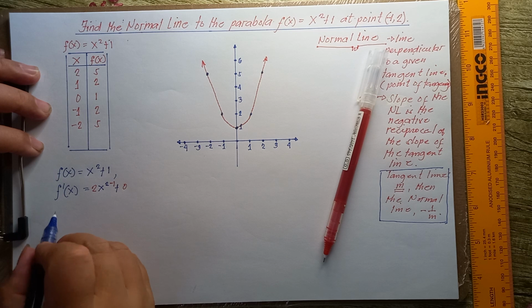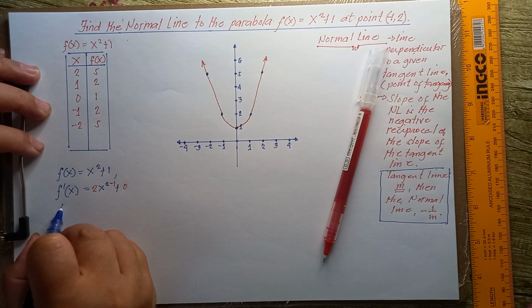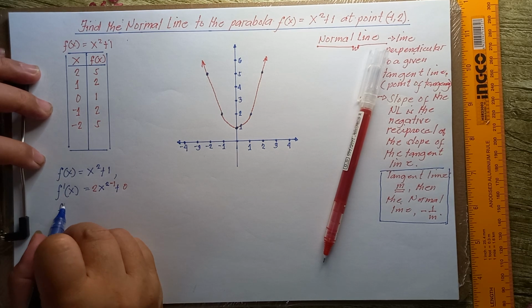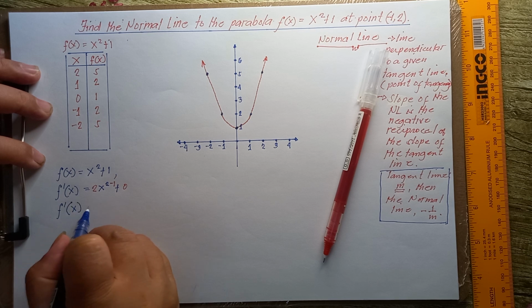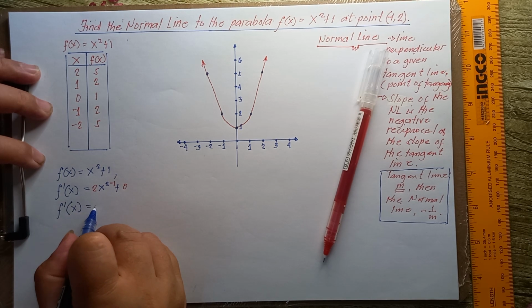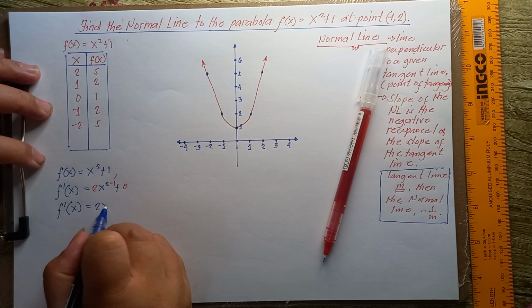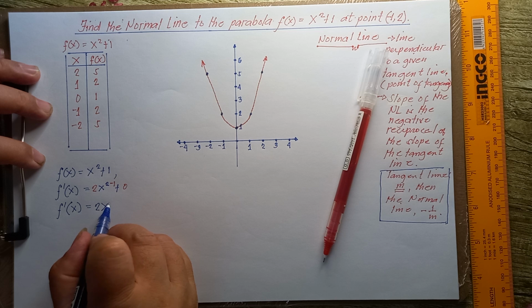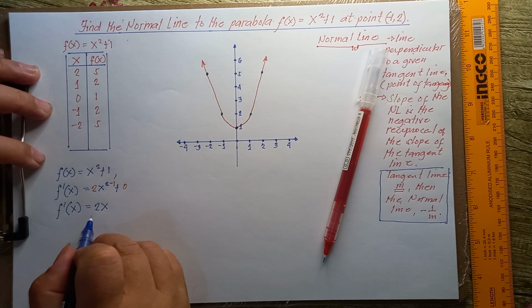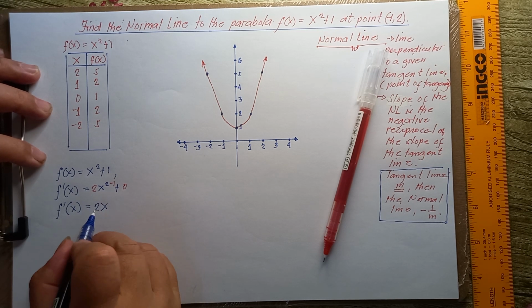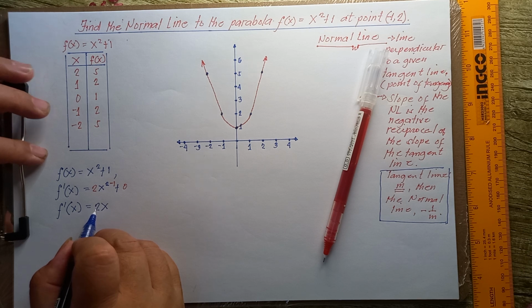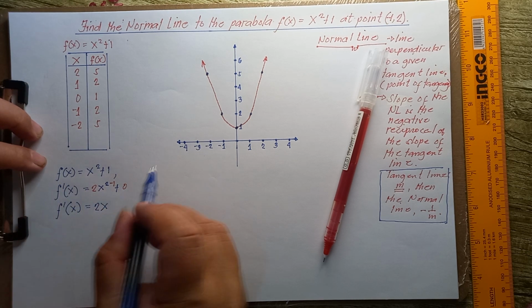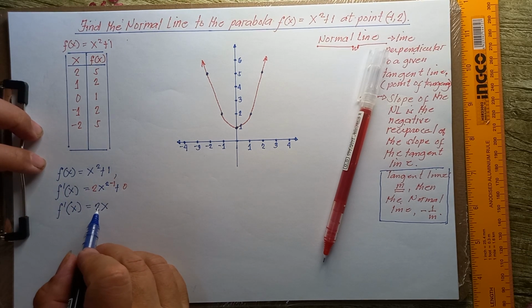And so what is the slope, or the derivative, of our parabola? f prime of x is the same as 2x, since 2 minus 1 is 1. So the derivative of our parabola is 2x.